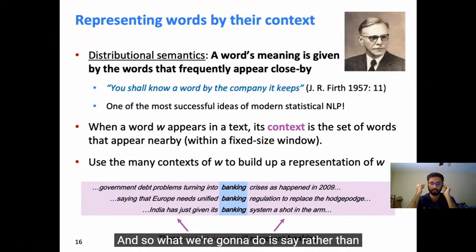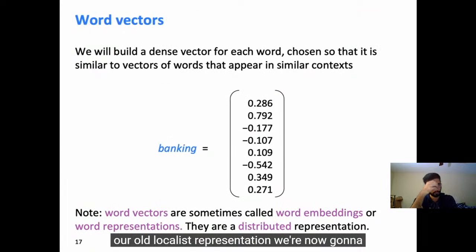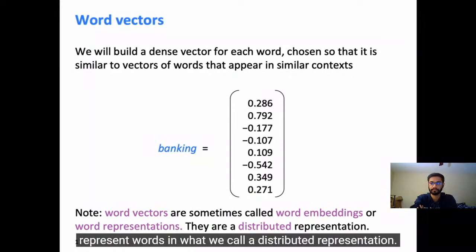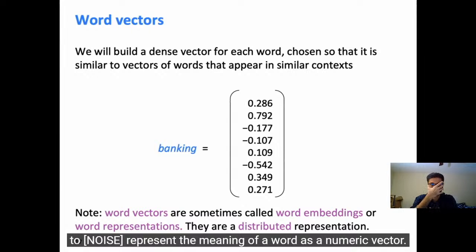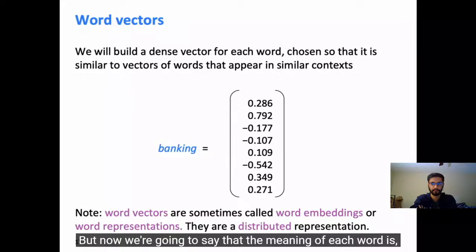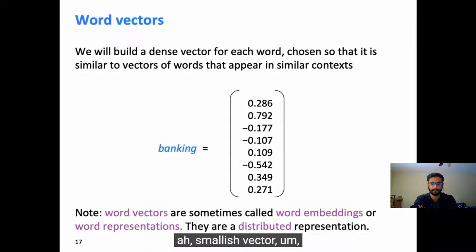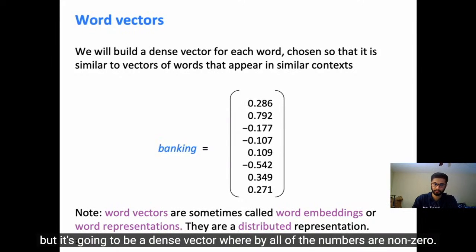And so rather than our old localist representation, we're now going to represent words in what we call a distributed representation. For the distributed representation, we're still going to represent the meaning of a word as a numeric vector, but now the meaning of each word is a smallish vector, a dense vector whereby all of the numbers are non-zero.